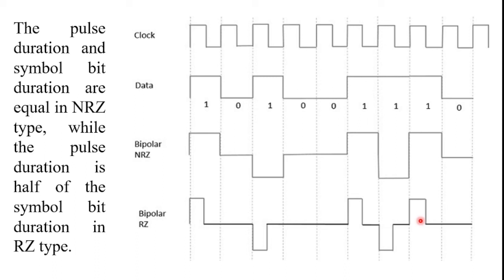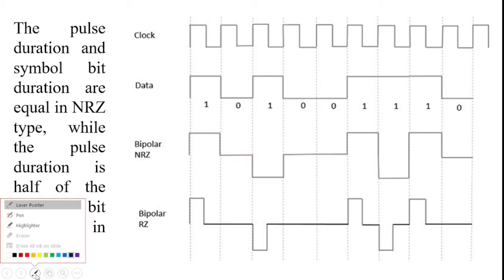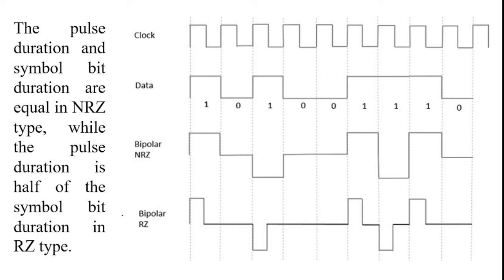Now coming to the example, and this is the binary data. In binary data, high data is represented by a positive pulse, and low data is considered as a zero voltage level. And what is the concept of alternate mark inversion or the bipolar concept?